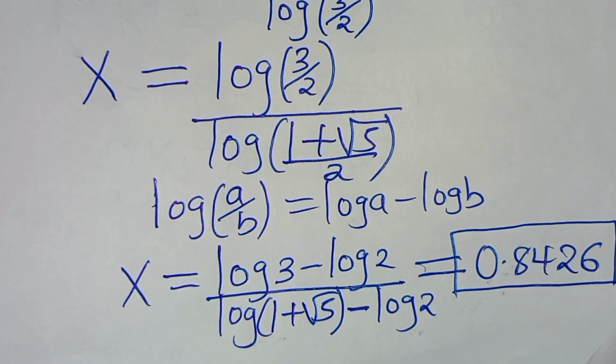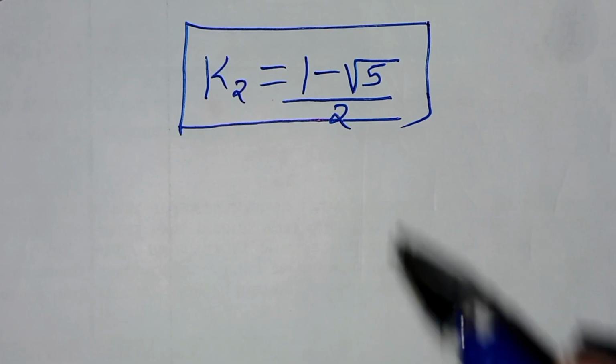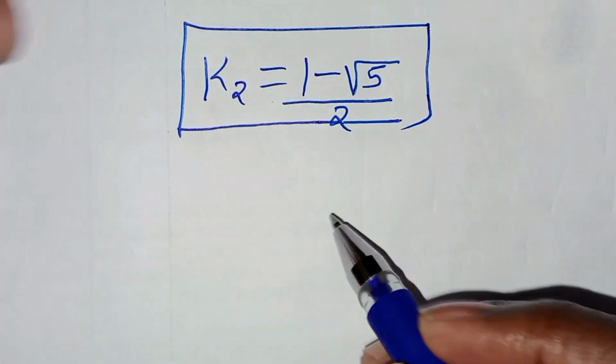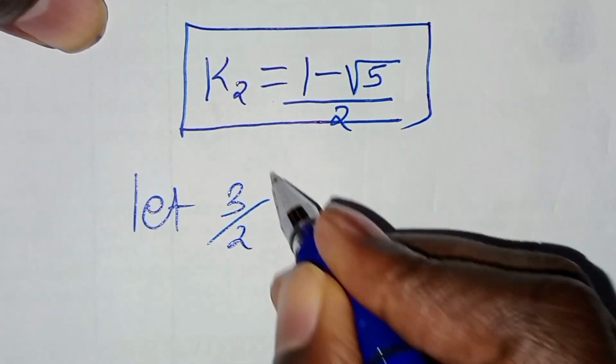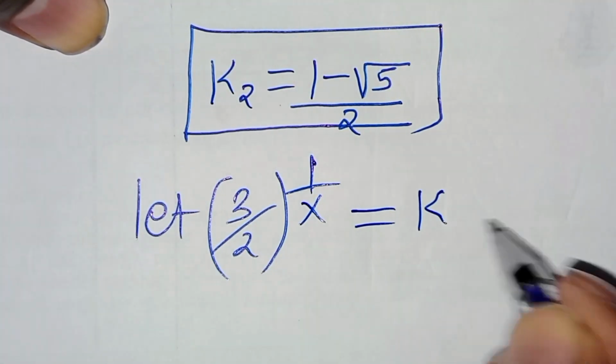So let's check if k2 satisfies the equation. We have that k2 is (1 − √5)/2. We said let (3/2)^(1/x) be equal to k.